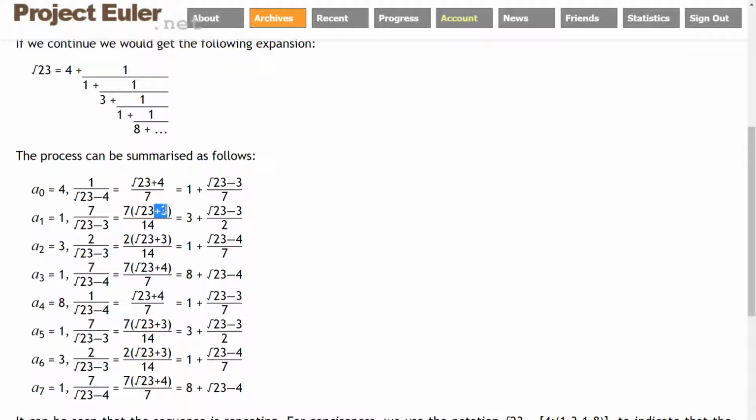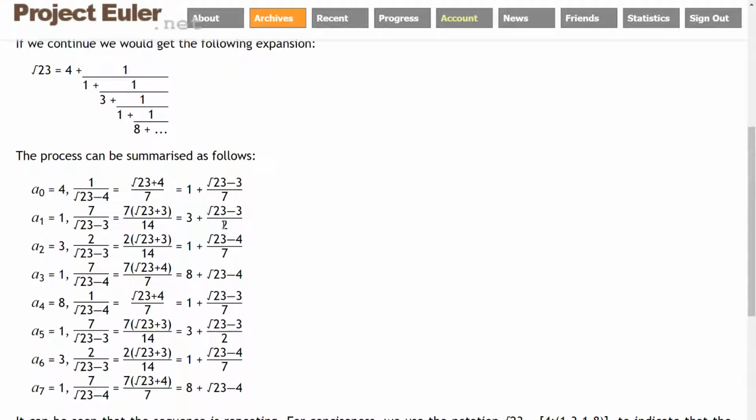Oh wait, no. You can subtract 7 and 7 from both bottom and top, from the 7 that is attached to square root of 23. Yeah. This is gone. We're looking at square root of 23 plus 3 over 2 because they cancel, or are we not? I think we are.